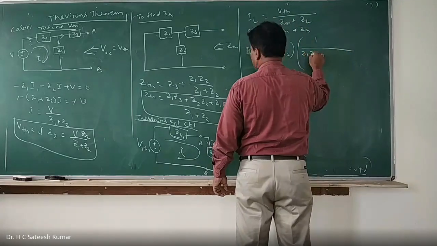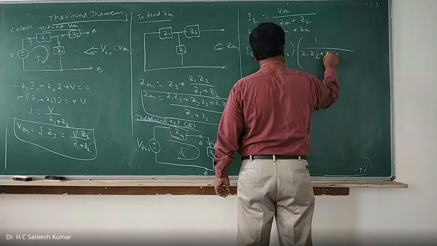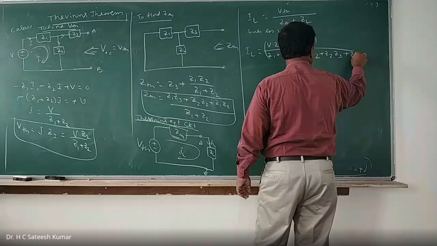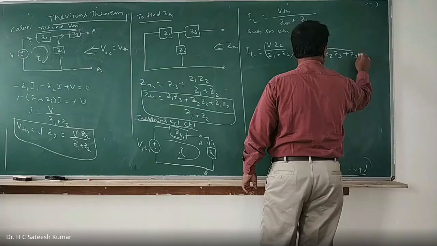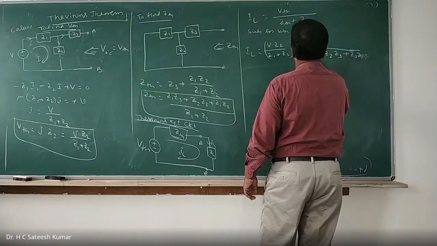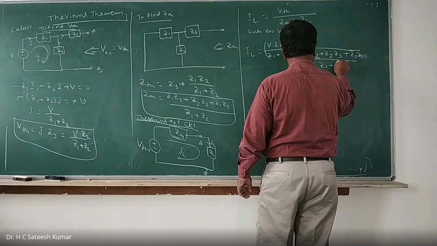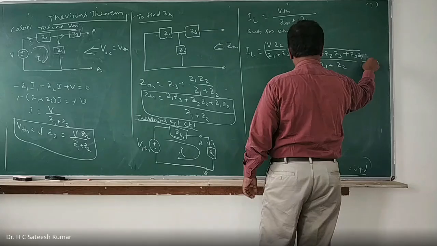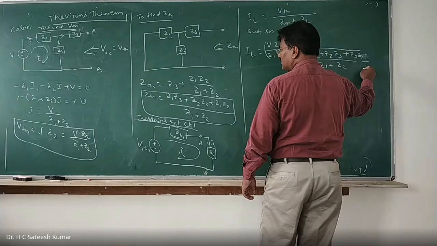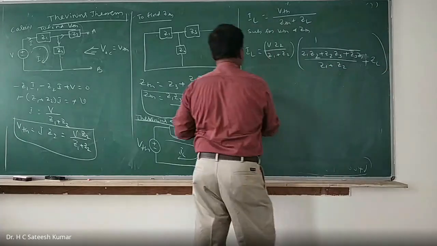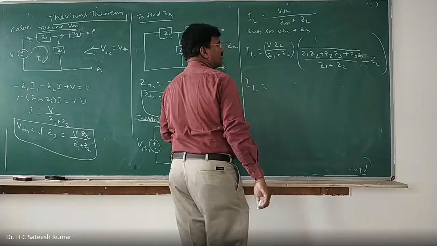Z1 Z2 plus Z2 Z3 plus Z3 Z1 divided by Z1 plus Z2 plus, what is that we have? ZTH plus ZL.